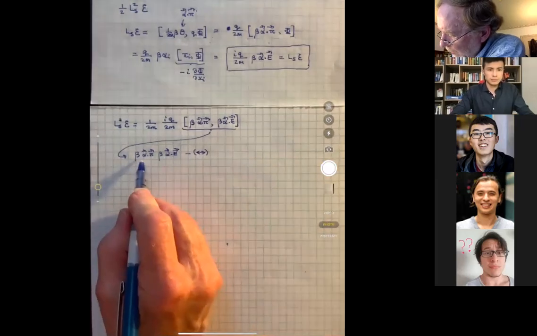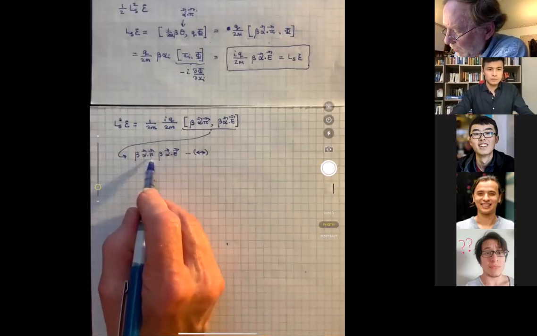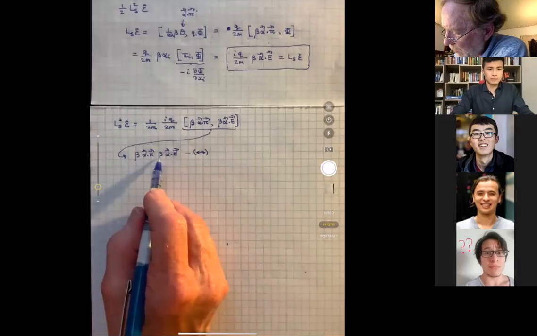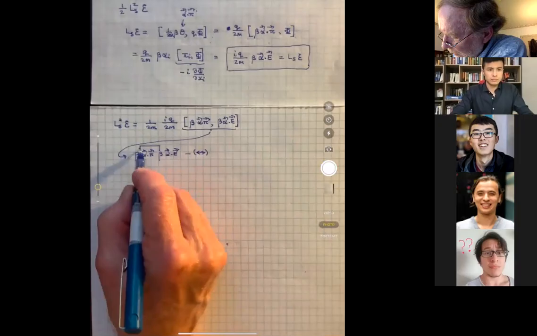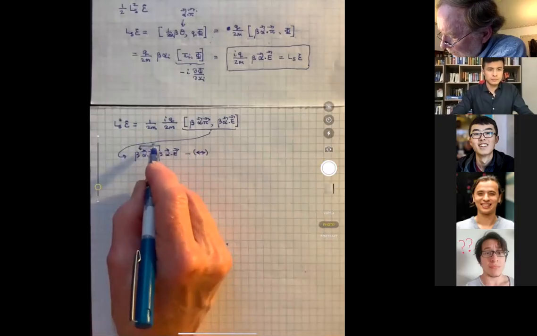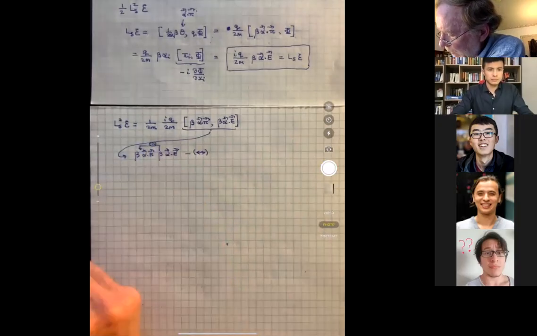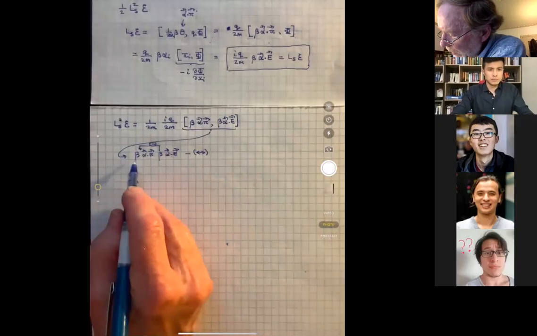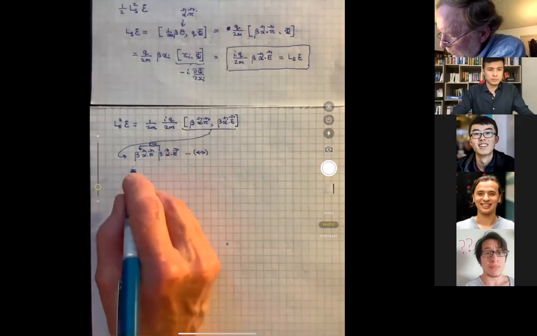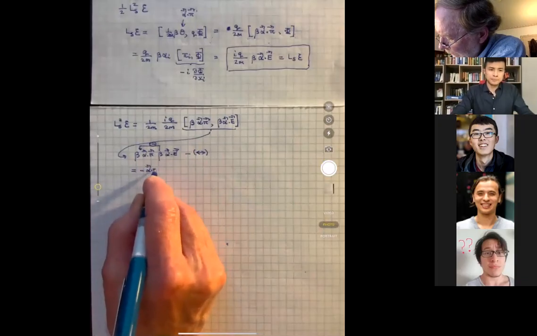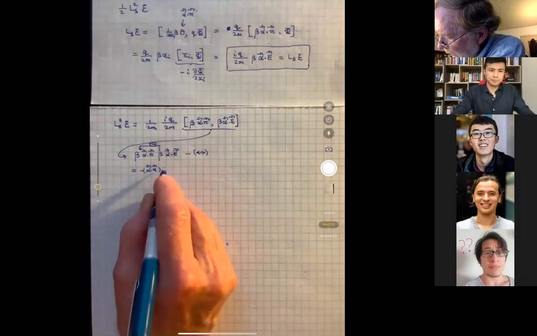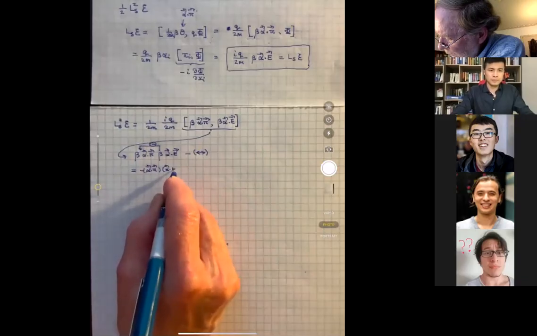Now, beta anticommutes with alpha, but it commutes with pi because pi is purely spatial and beta is purely a spin. So I can move this beta to the left of the alpha dotted into pi if I introduce a minus sign because it's an anticommutator. But that gives me a beta squared on the left-hand side, which is just 1. So this turns into minus alpha dotted into pi, and then we have alpha dotted into E left over.